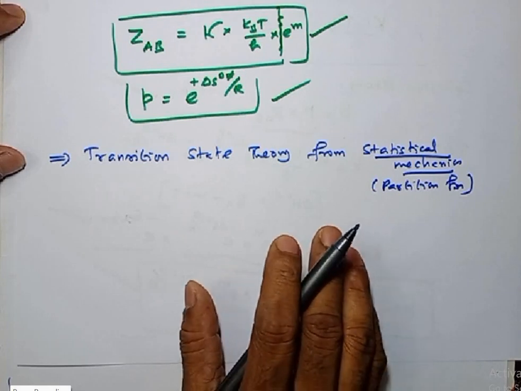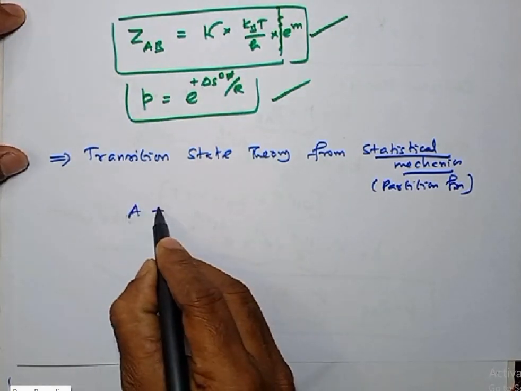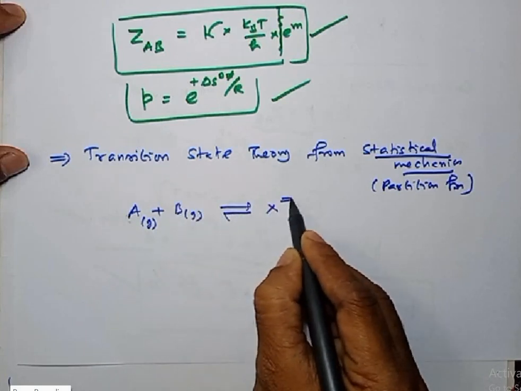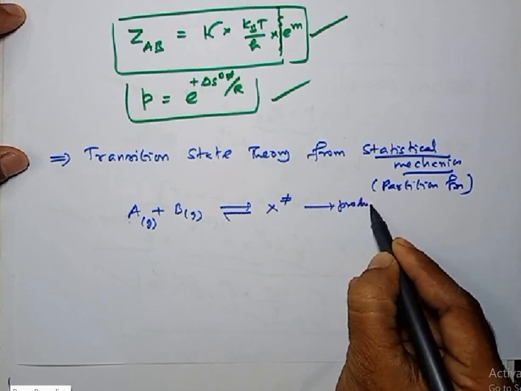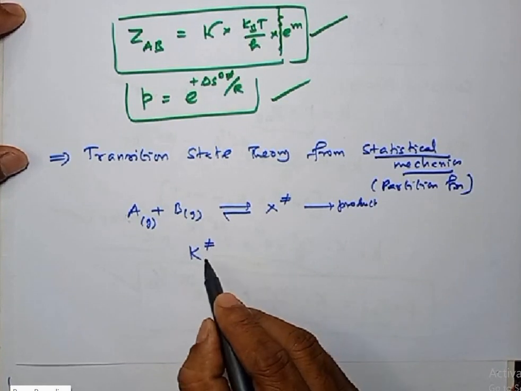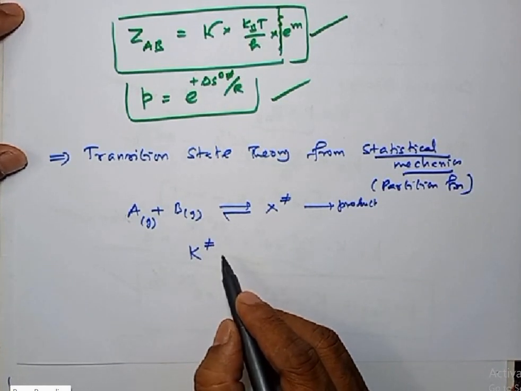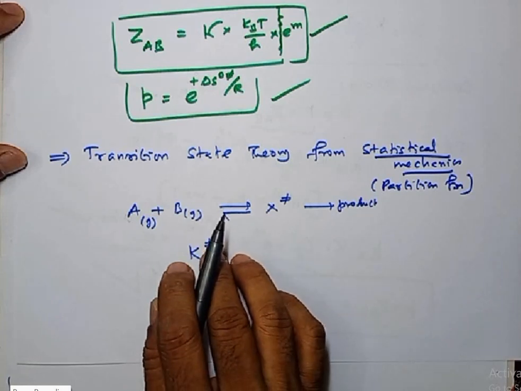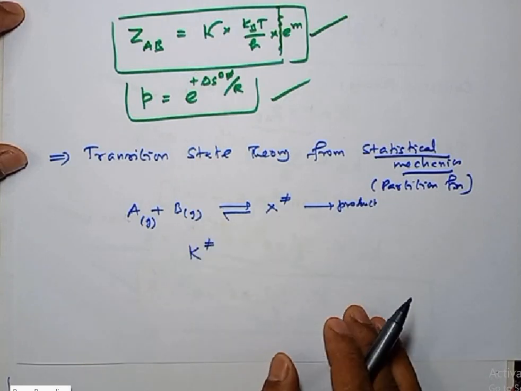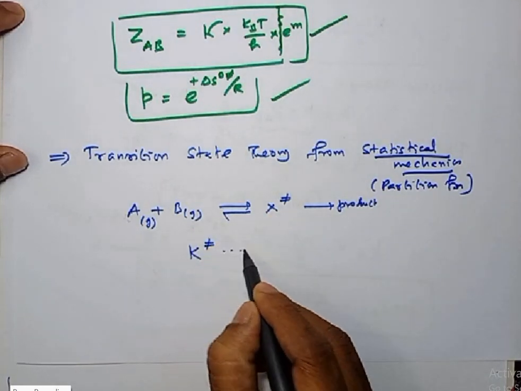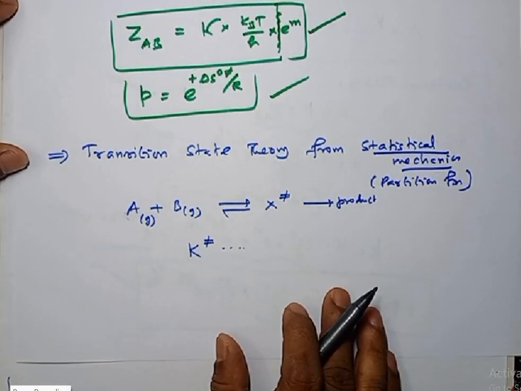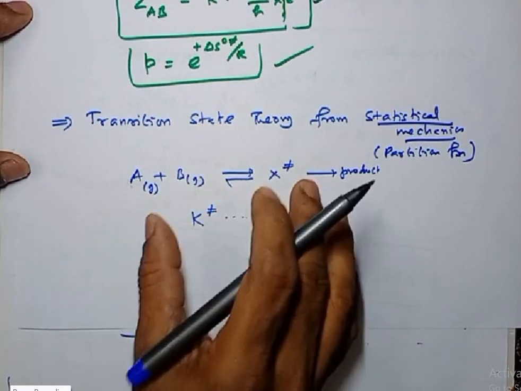Suppose I take some reaction, A plus B in gas phase, forming an activated complex and giving a product. Here we have a quasi-equilibrium, so there is a quasi-equilibrium constant K double dagger. This quasi-equilibrium constant can be related to the partition functions, but I am not going to do that. The derivations are available in almost all books, so I'll just leave this to you as an exercise. You try this, and I'm going to write only the final expression.